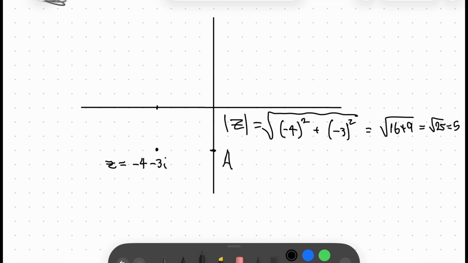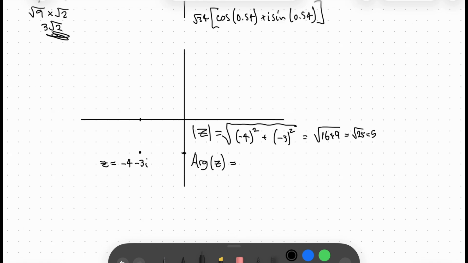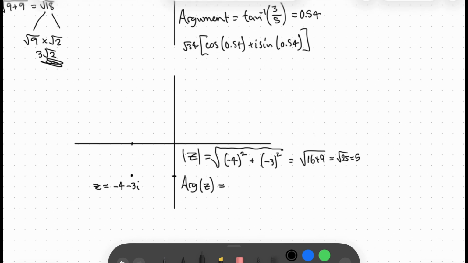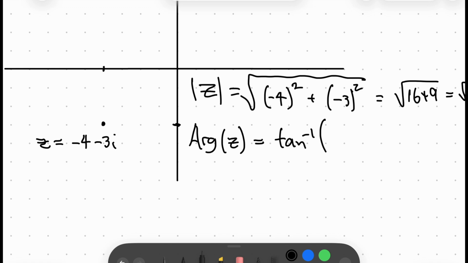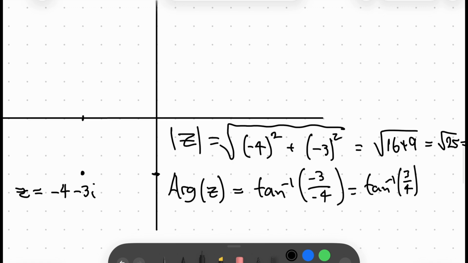Now the argument of z is going to be, you can look at that for a little clue. Okay, I'm working it out now. Tan inverse of the imaginary part, so negative 3 over negative 4, is just going to equal the same as the tan inverse, because it's negative and negative, of 3 on 4. We need to remember that the tan inverse of 3 on 4 is going to give us this angle here, if it's the opposite. If we were to have a reflection of this, it's going to be like there. It's going to give us that angle there.